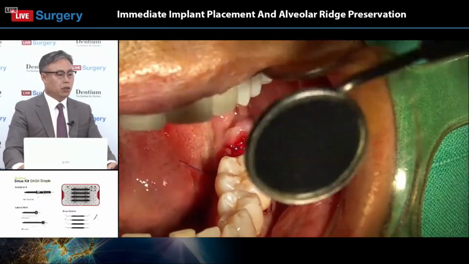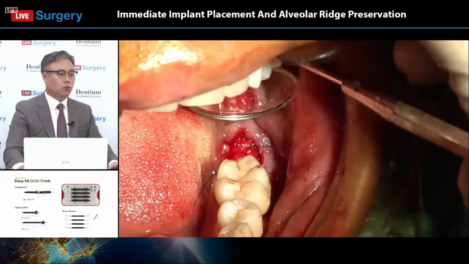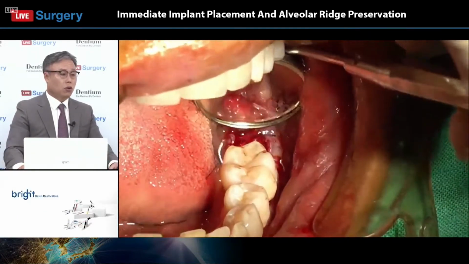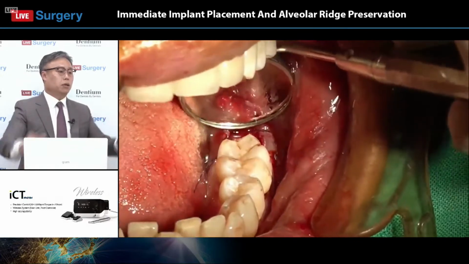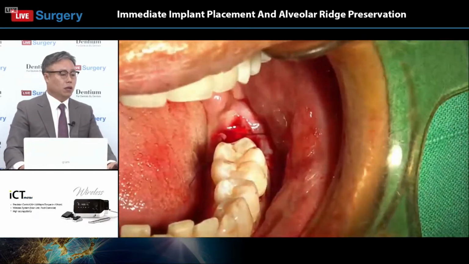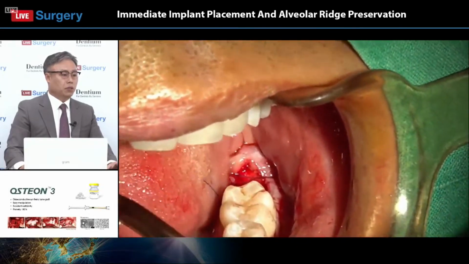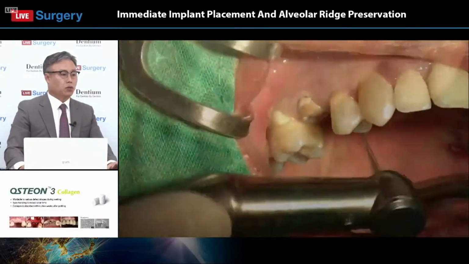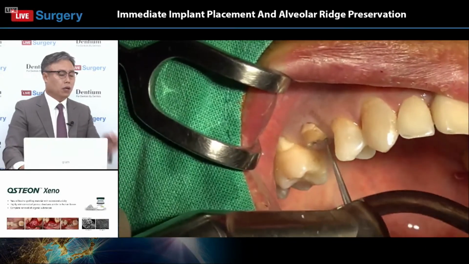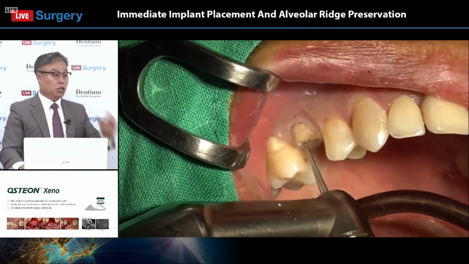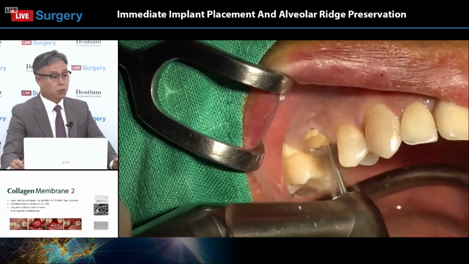If the patient gargles mouthwash or water too strongly, I think the particles will be dispersed intraorally, ending up with an unwanted treatment outcome.